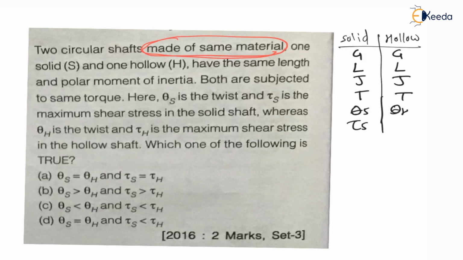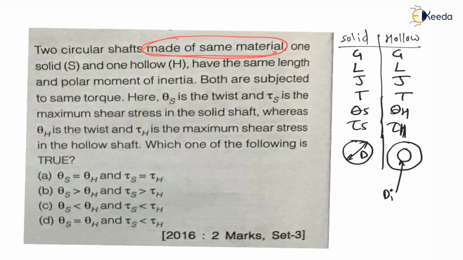One is solid having diameter, let us say d, and other is hollow having inside diameter di and outside diameter do. Right.